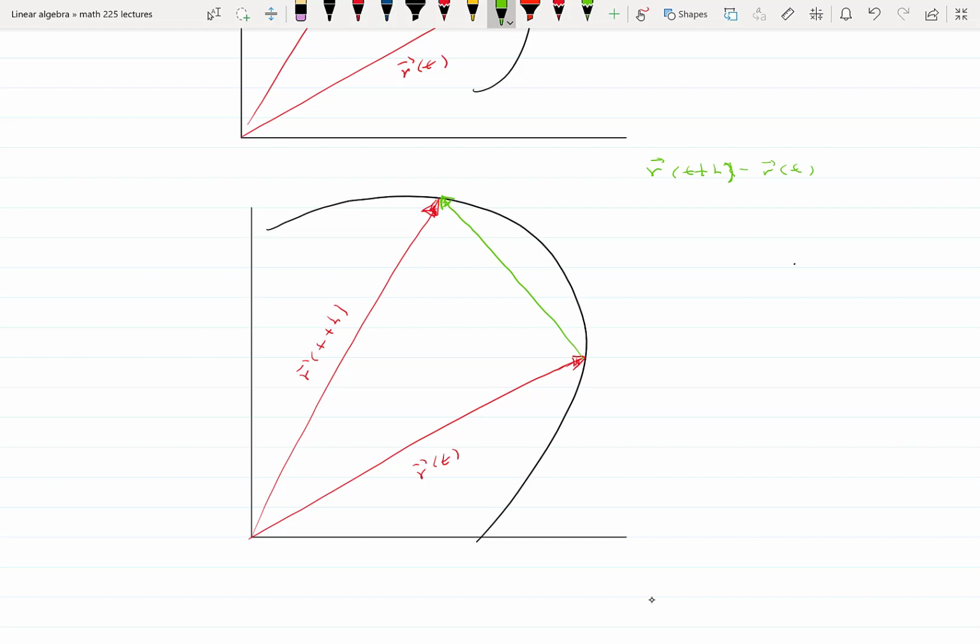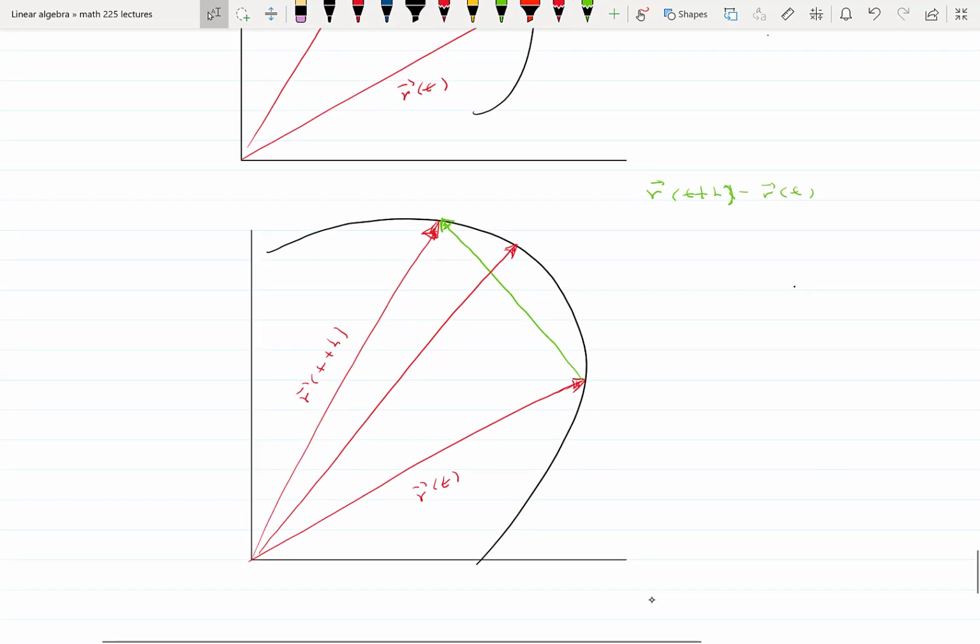If h is smaller, it seems reasonable that the position vector should be closer to the original position vector. So this might be r of t plus h for a smaller value of h. So the green displacement vector would now look like this. That's a better approximation to a tangent vector. Want a better one? Look at h smaller still.